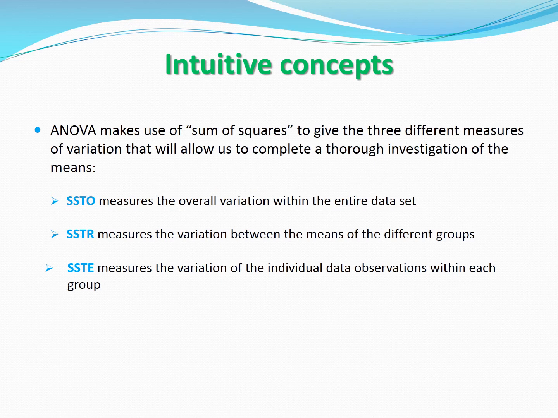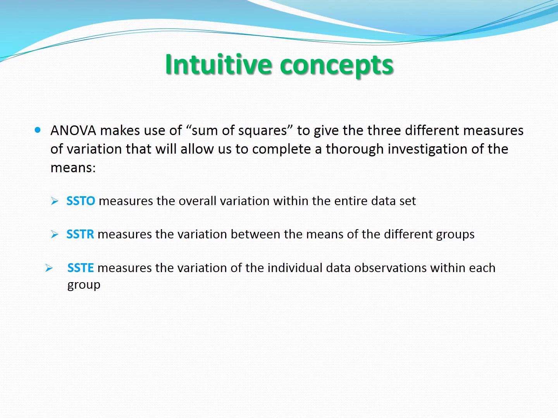The second measure is SSTR, the treatment sum of squares, and this value measures the variation between the means of the different groups. And the last one is SSTE, the error sum of squares, which measures the variation of the individual data observations within each group.